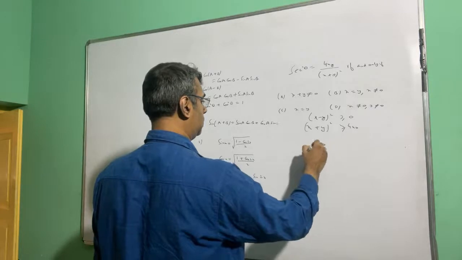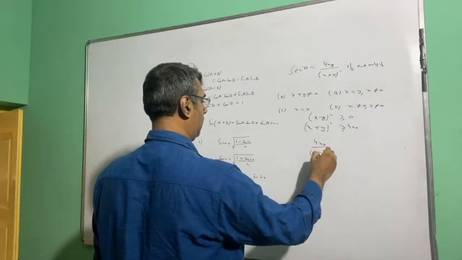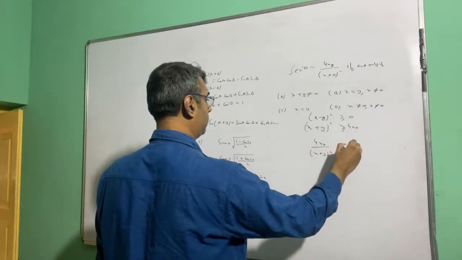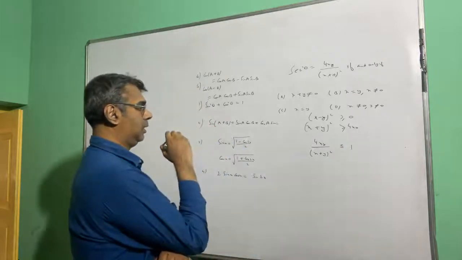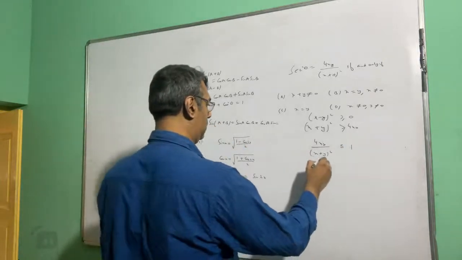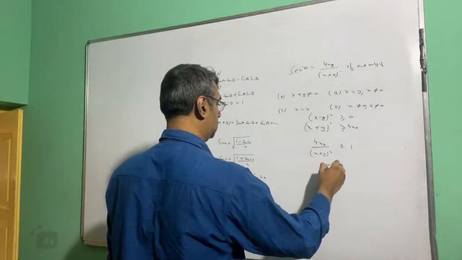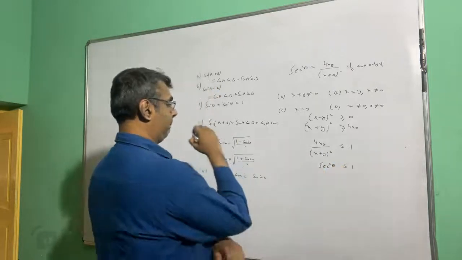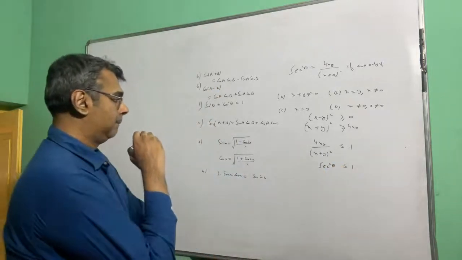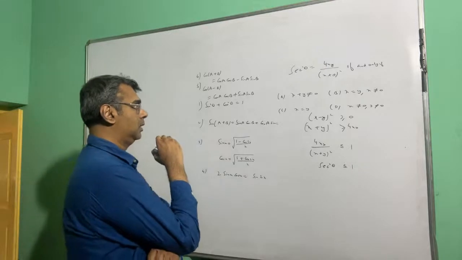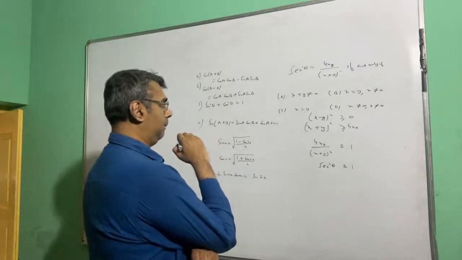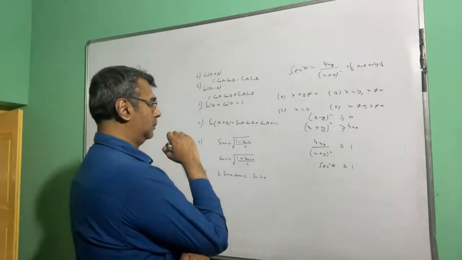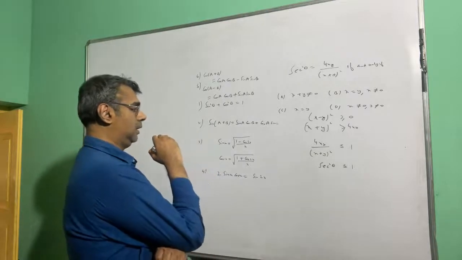In other words, 4xy by (x plus y) whole square is less than or equal to 1. So in other words, sec square theta will be less than or equal to 1.